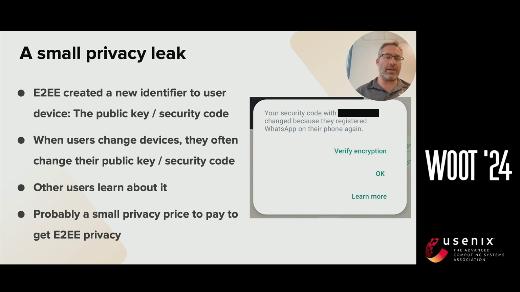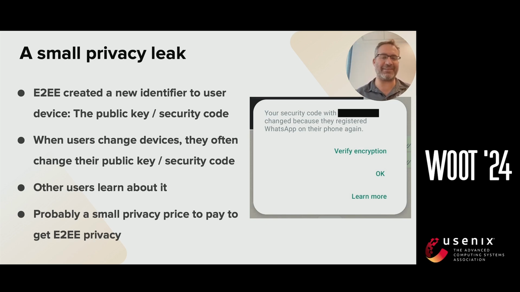Now we have a public key that is strongly associated with the device, and we didn't have it before. And when a user changes devices, they often change the public key, which means that users are notified that the public key has changed, and they need to verify it.